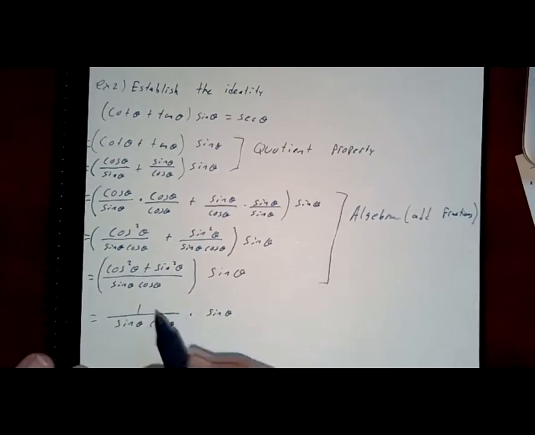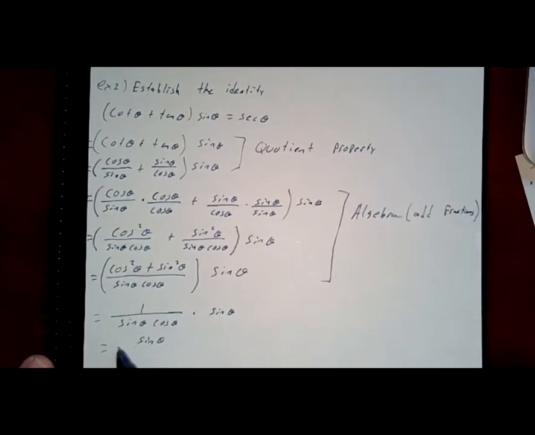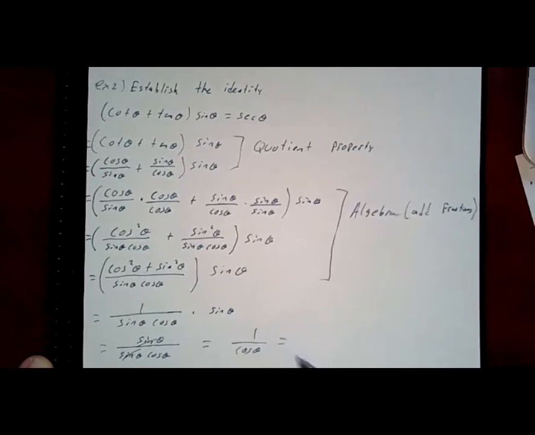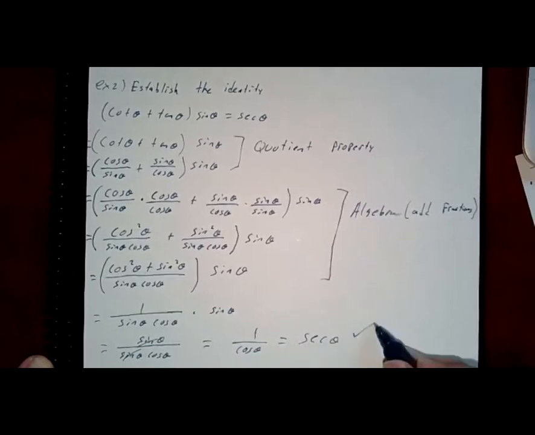And then, on the next step, you have sine on top. You can multiply it in now, over sine theta cosine theta. So these cancel, leaving you 1 over cosine, which is really secant, which is what we wanted to show.